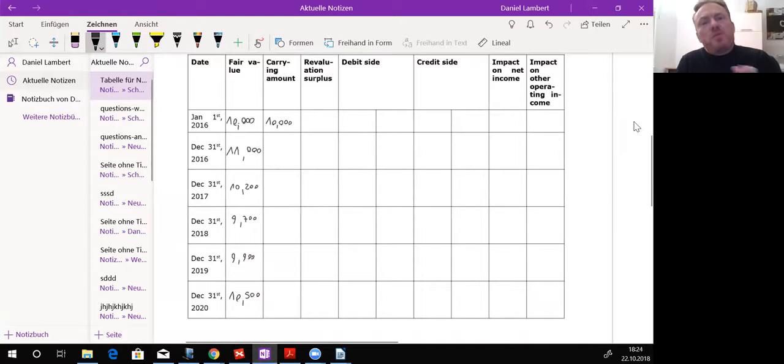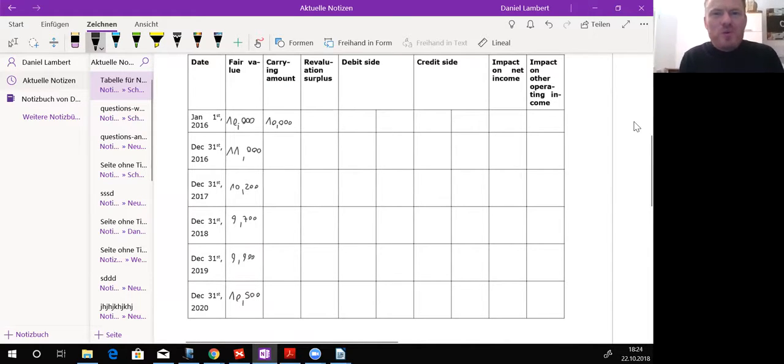Now, at the end of this first year, 2016, the fair value rises to 11,000. And as the International Accounting Standards try to reflect the real value, as I may call it, the real value. I mean, there's no real thing in financial accounting. It's always a matter of measurement. And this measurement is done by human beings.